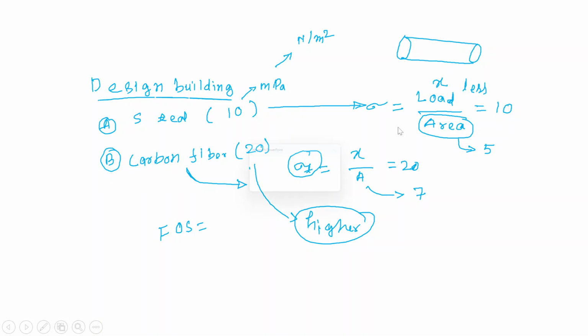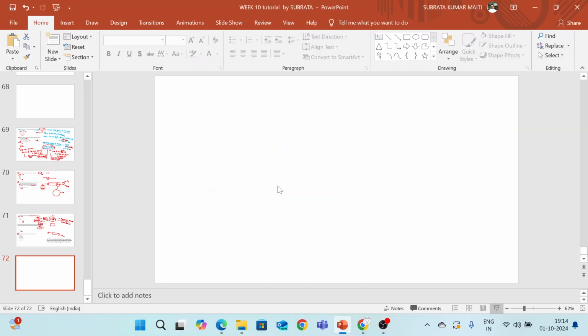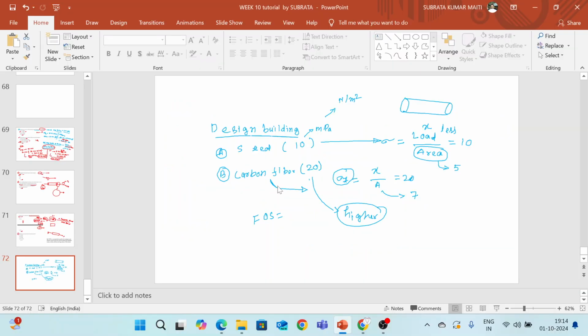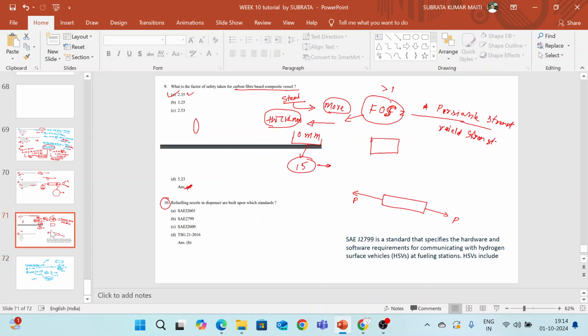Anyone of you from a mechanical or civil background? Such type of calculations or designing part is coming. For higher strength material, the factor of safety will be lower, and for lower strength material the factor of safety will be higher, because there is a chance of high failure of the low strength material and less chance of failure for the high strength material.